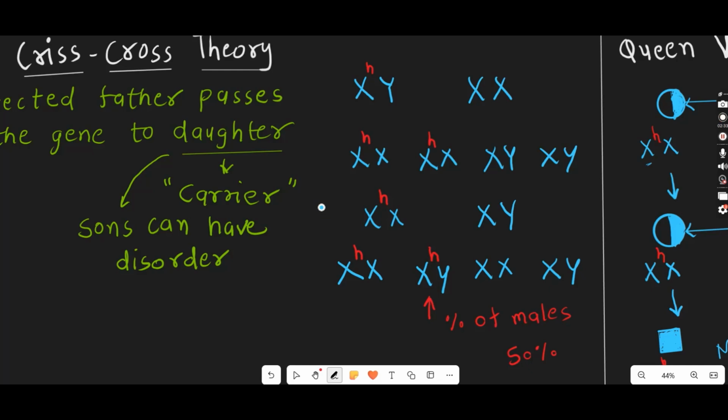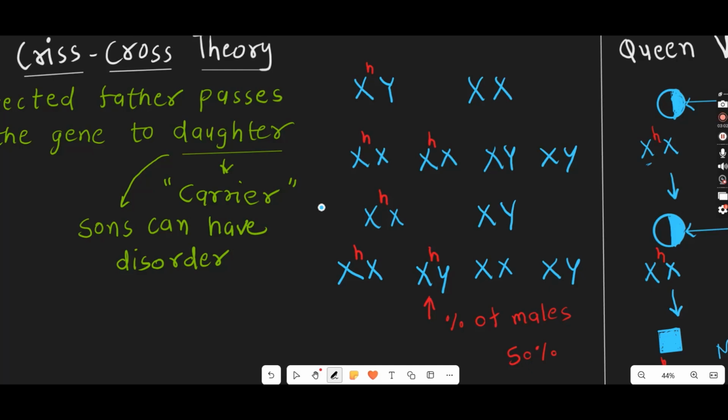If one of these carrier females is having babies with a healthy male, what happens here? X^H X, X X, X^H Y, XY.